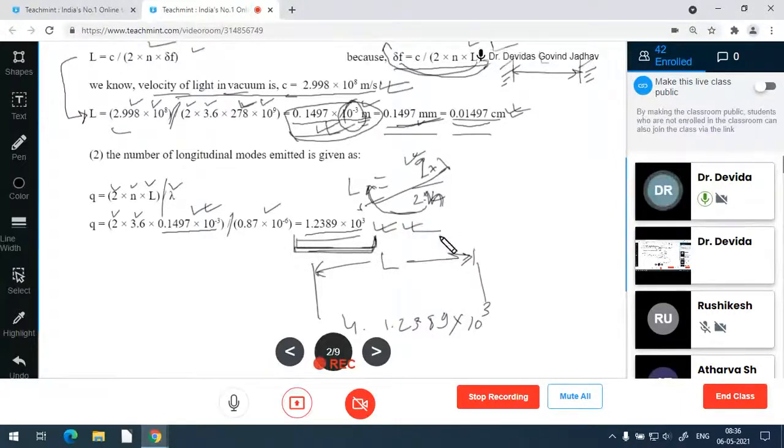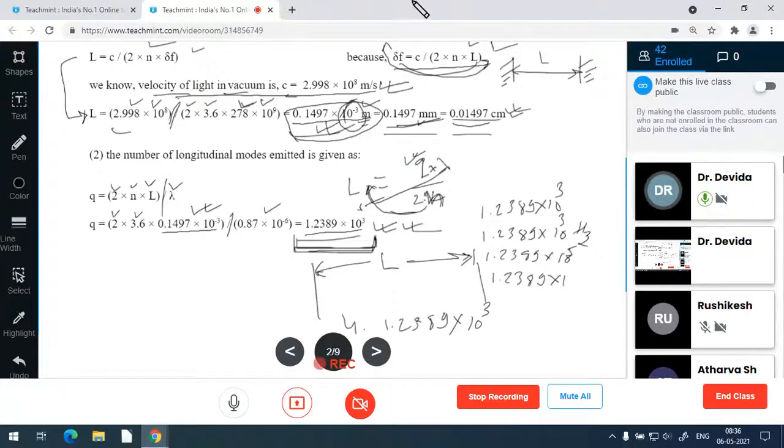Sometimes the MCQ will be like this: 1.2389 into 10 raised to 3 is one answer. 1.2389 into 10 raised to 3 hertz is the second answer. 1.2389 into 10 raised to 5 is the third answer. 1.2389 into 10 raised to 5 hertz is the fourth answer.